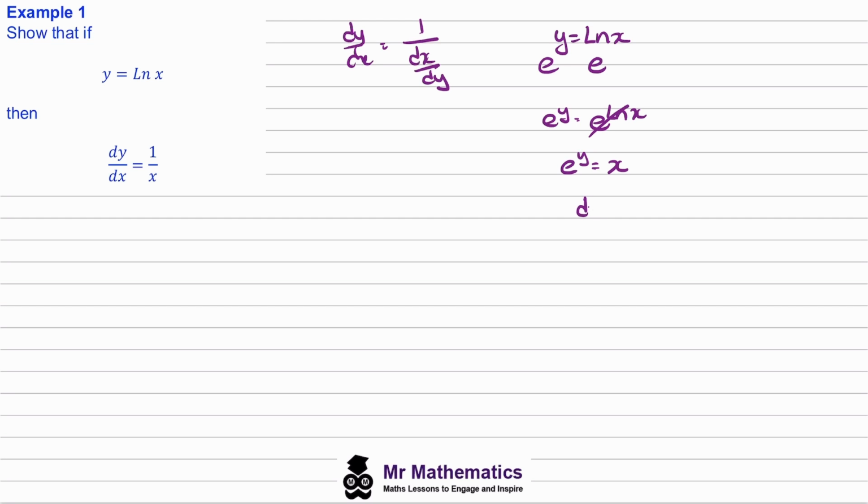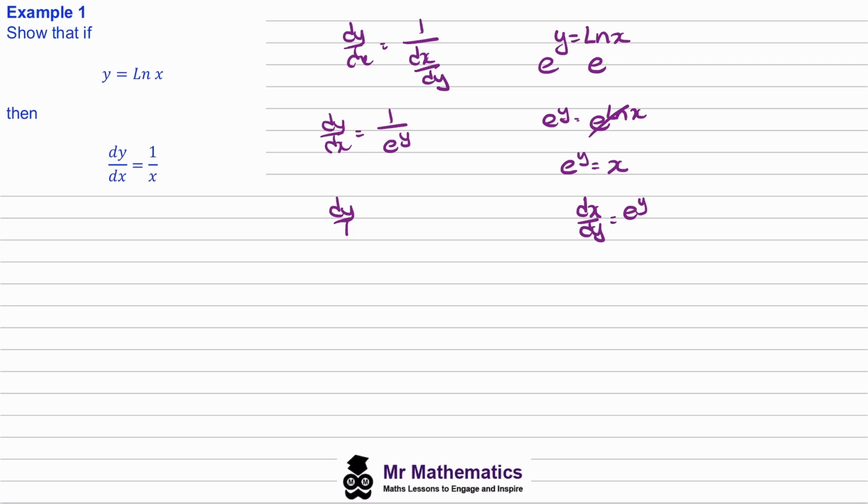And when we find dx by dy, this will differentiate onto itself, and we get e to the y. So we can substitute that into here. So dy by dx will be 1 over e to the y. And we know that y is the natural log of x.